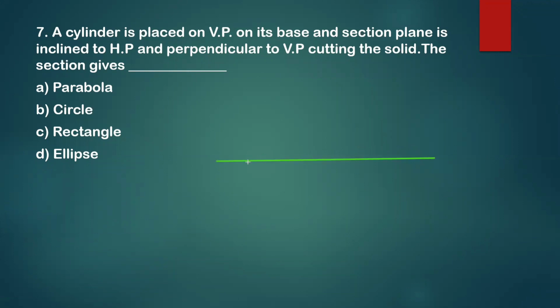Now again it is resting on the VP. If the cylinder is resting on the VP, then whatever front view we get will definitely be a circle.